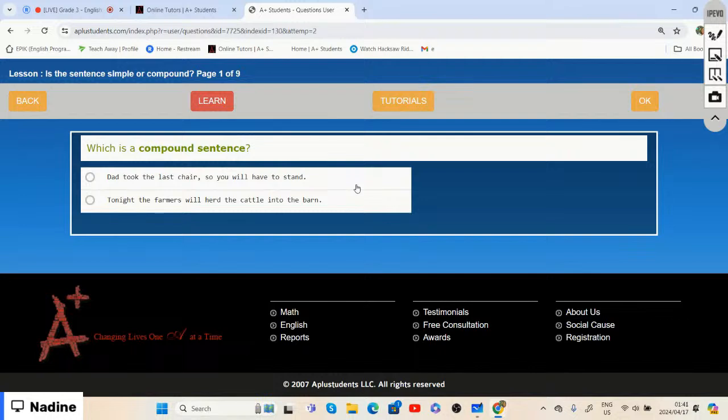Is it the first option, Dad took the last chair, so you will have to stand? Or is it, tonight the farmers will herd the cattle into the barn? Which one is the correct one?